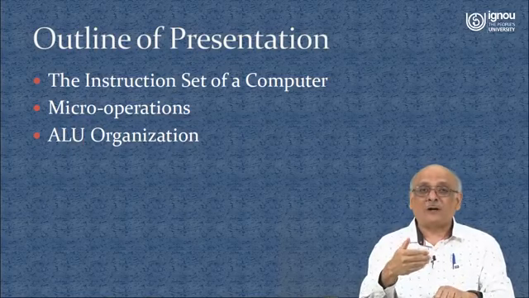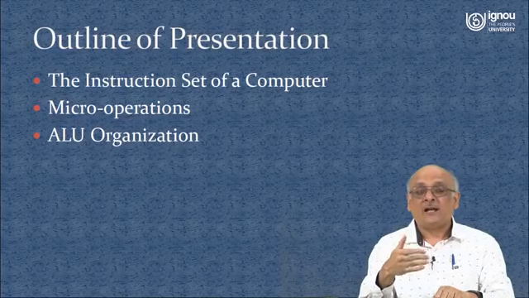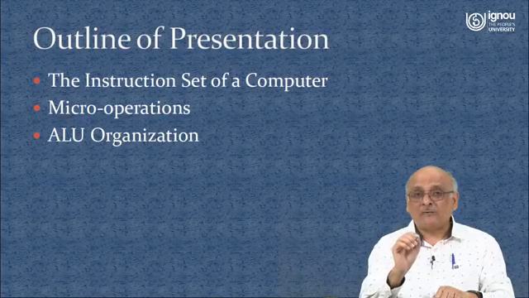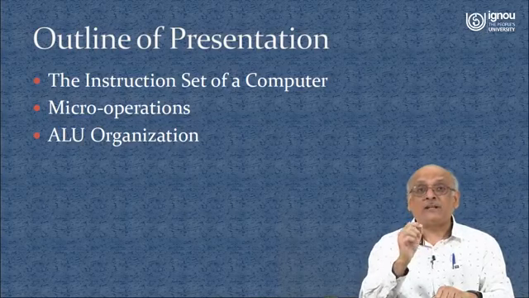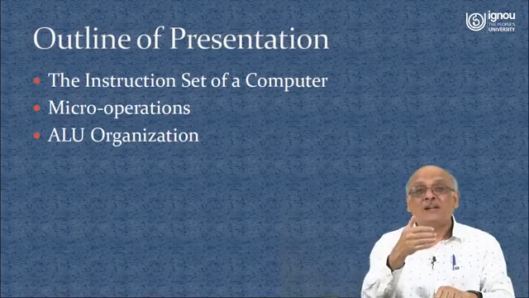Finally, we will talk about ALU organization, like how the ALU will be executing those instructions. What I would like to emphasize is that the ALU executes instructions in a step-by-step manner, and those steps are followed in a very sequential manner, just like your C program.